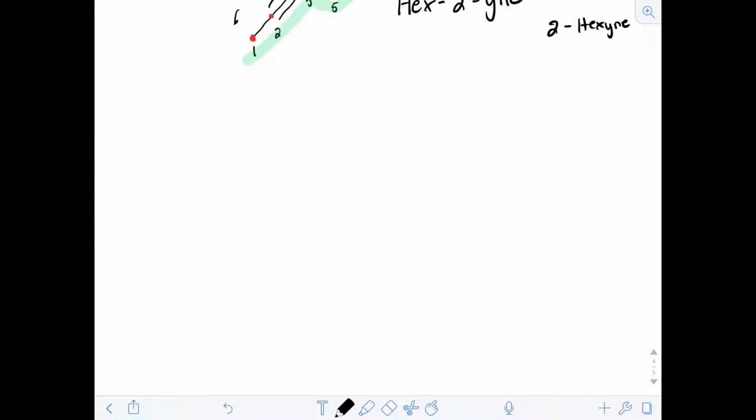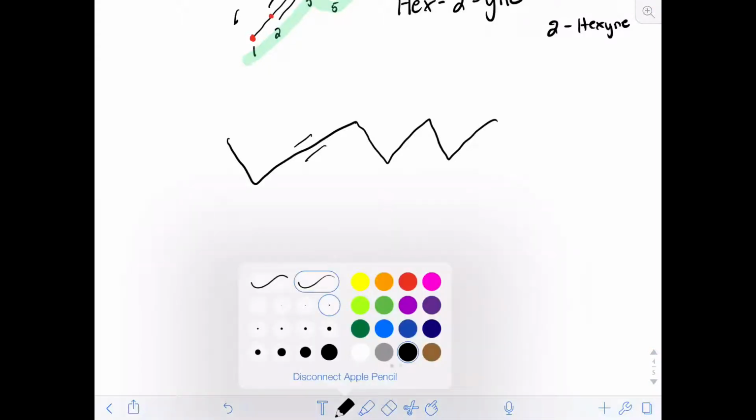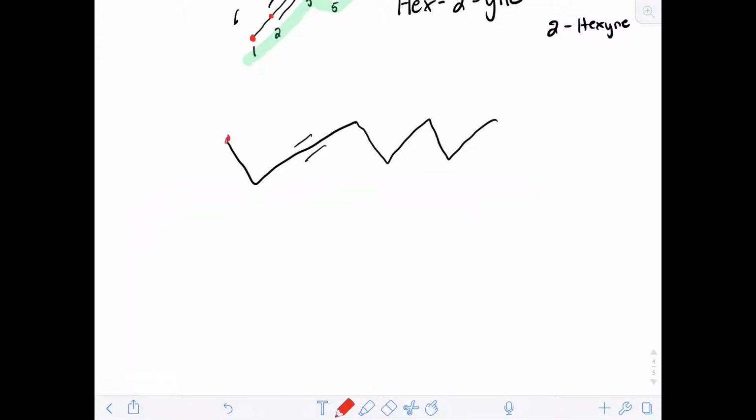So now I'll give you one more here. So again, count your carbons up.